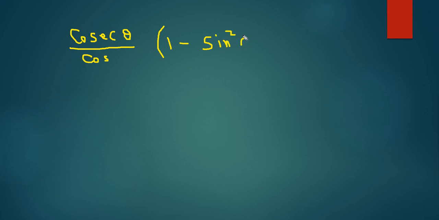Cosec theta over cosine theta times 1 minus sine power 2 theta.